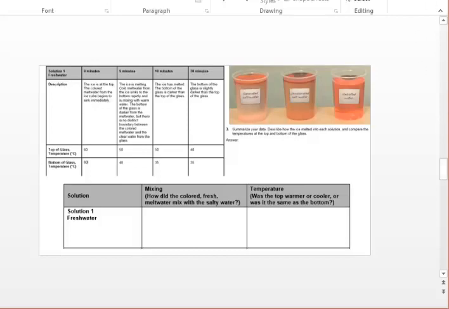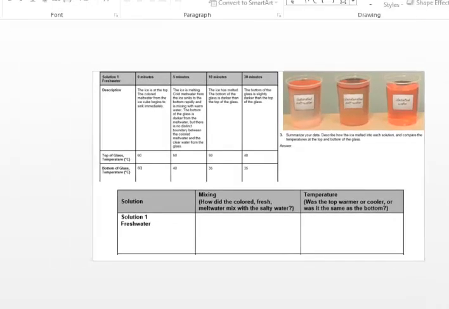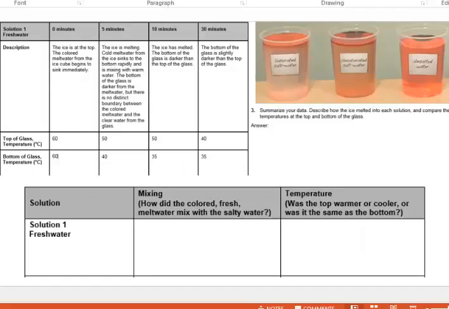If I'm looking at the lab, it wants me to understand how cold water mixes with warm water when we add in different scenarios. So we are definitely dealing with different density. I know that cold water is denser than warmer water. So I should have known that that cold melt water, that cold red water would sink to the bottom. But that's okay. Now I do know that.